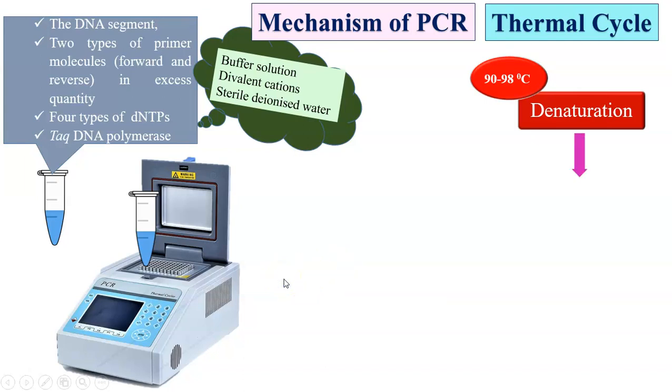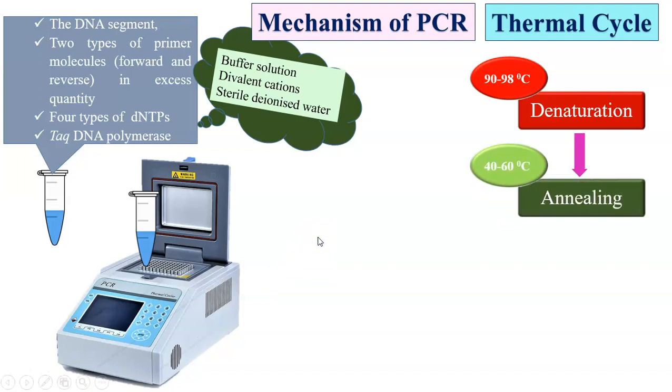Second step, lowering of temperature to 40 to 60 degrees Celsius. The step is called annealing. The primer molecules get attached to the 3' end of the separated single-stranded DNA, especially at the region of the gene of interest.